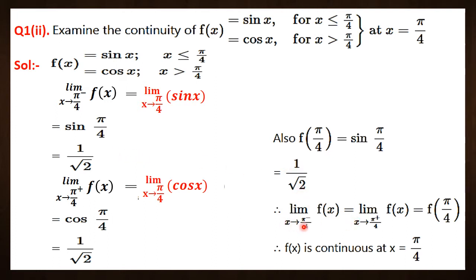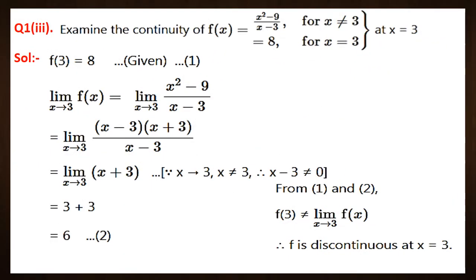That is, all three conditions are satisfied. First, f of a, that is f of pi upon 4, exists. Second, both the limits are equal. And the third condition, both limits are equal to the value of f of pi upon 4. So these three conditions are satisfied, meaning the function f of x is continuous at the point x equal to pi upon 4.